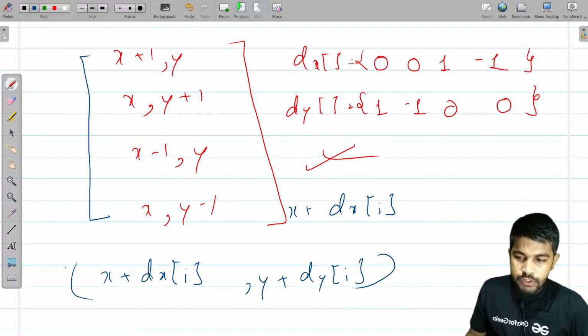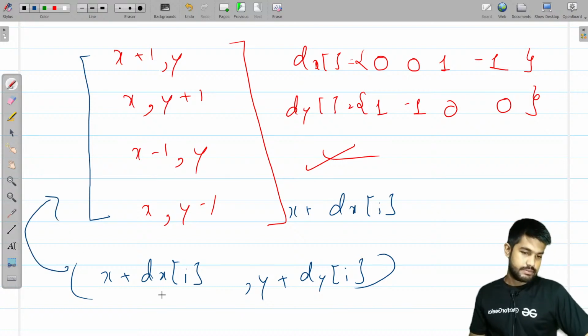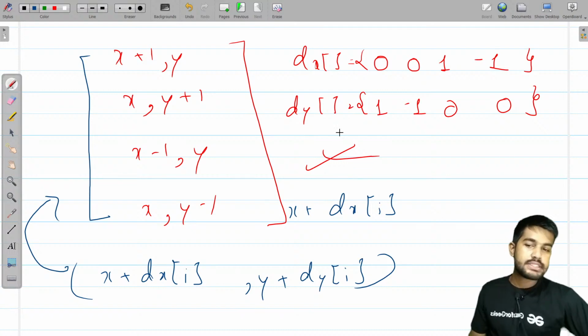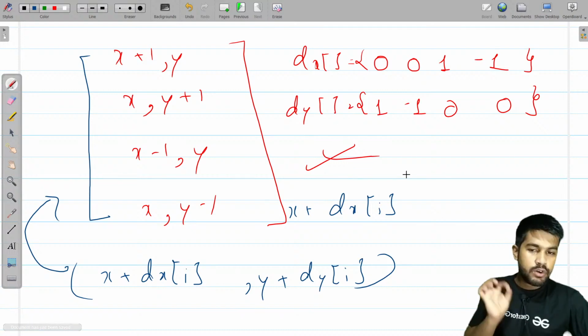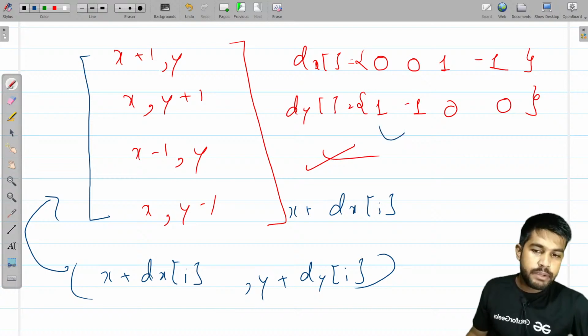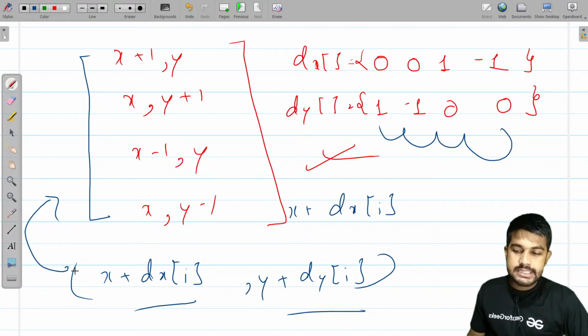This one line of code would convert to this one. I would simply use a for loop of 4, iterating over all the elements, and this is the same as this long writing.